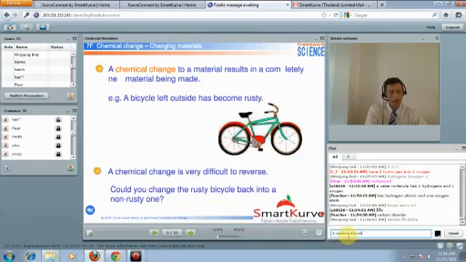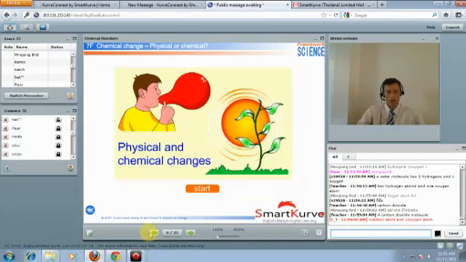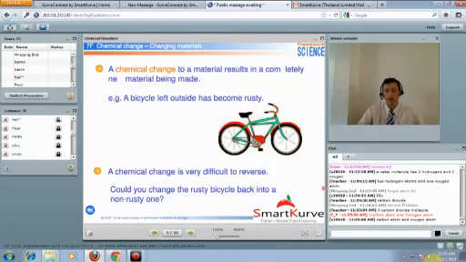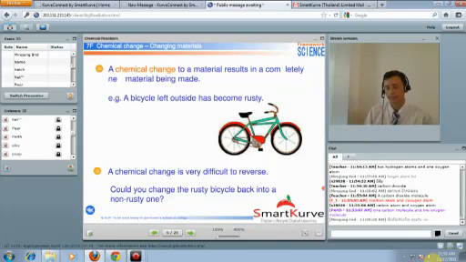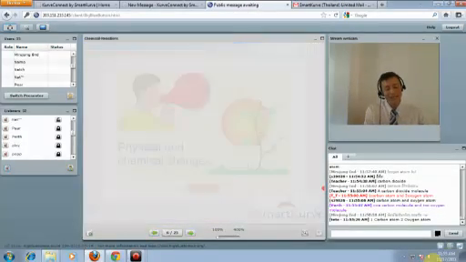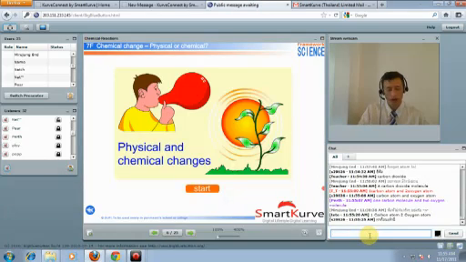Very good. One carbon atom and two oxygen atoms. Remember, it's not one carbon molecule, it's one carbon atom. Carbon is an element. Yeah, one carbon atom and two oxygen atoms.